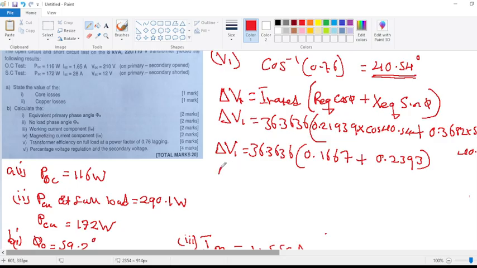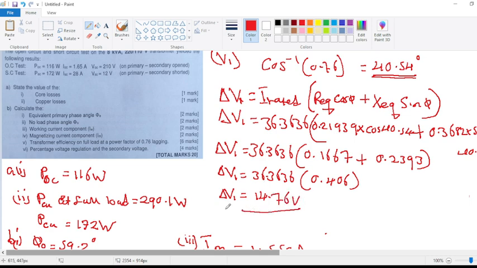Okay, so from there we have the voltage drop on the primary side. We have 36.3636 times the sum, 0.1667 plus 0.2393, which is 0.4060. Now if you multiply this by 36.3636, which is the rated current, you are going to have 14.76 volts.